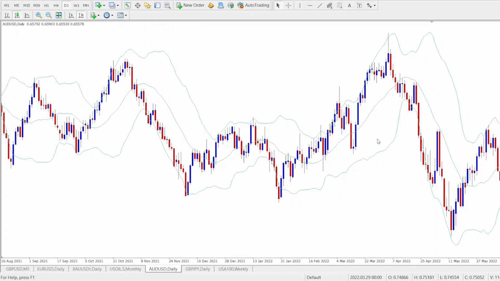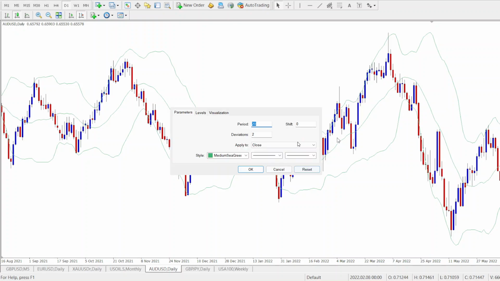The Bollinger Bands consist of a middle line, which is a simple moving average, and then it also has two outer bands, the upper band and the lower band. Now these bands are set two standard deviations away from the moving average.